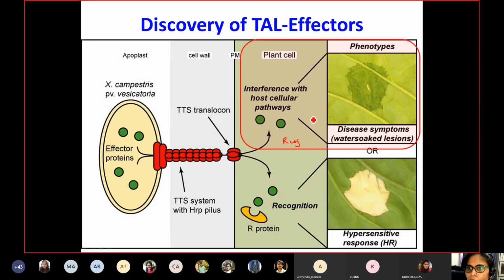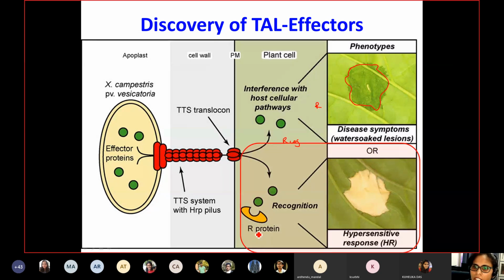In that case, your plant gets diseased and it has symptoms like water-soaked lesions. So what you see here is some kind of water sogginess, and then it becomes black and so on. So it gets mottled afterwards. So this is the system when it is not resistant. Whereas once it finds the resistance protein inside the plant and it is recognized by the R gene, then you get a hypersensitive response.